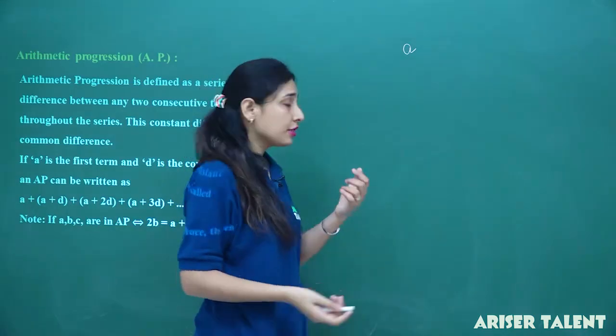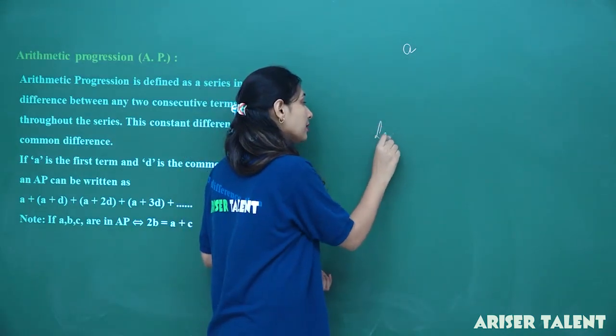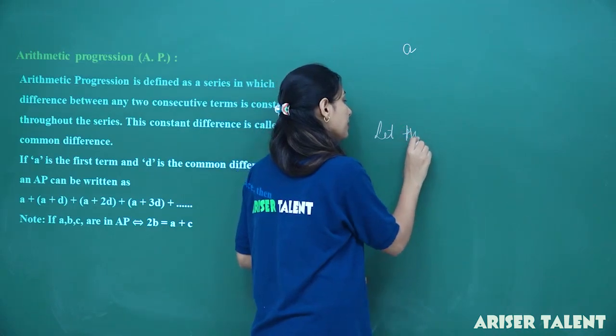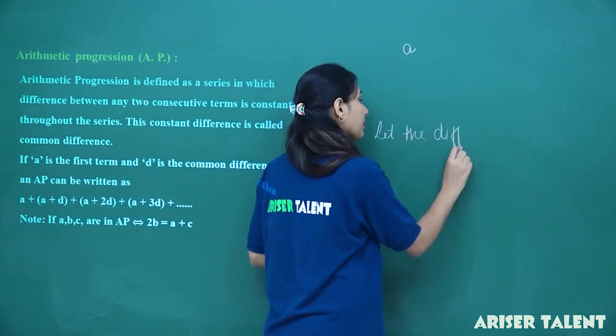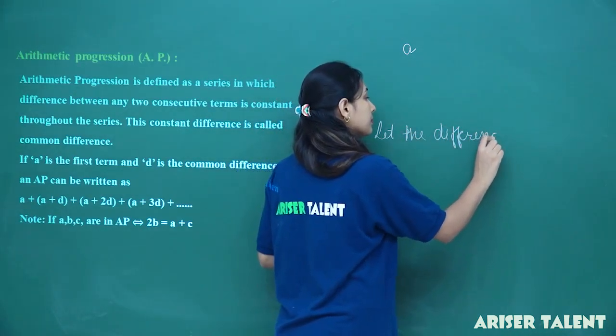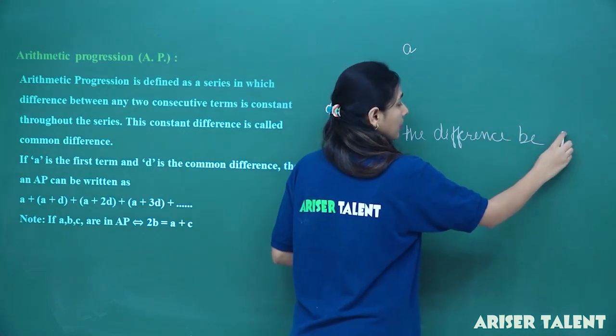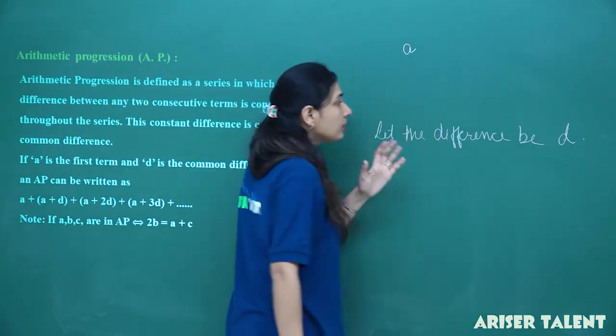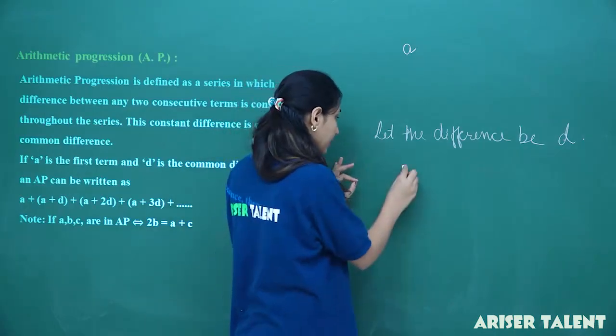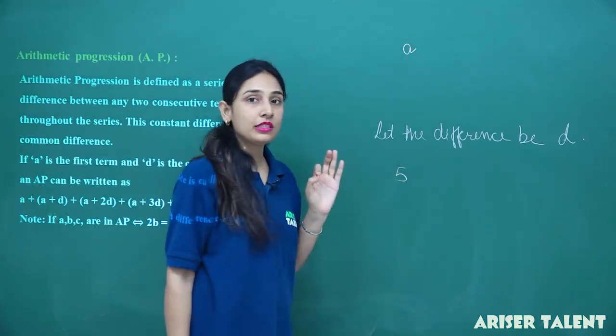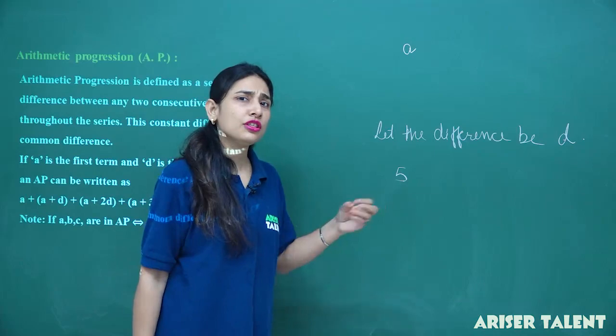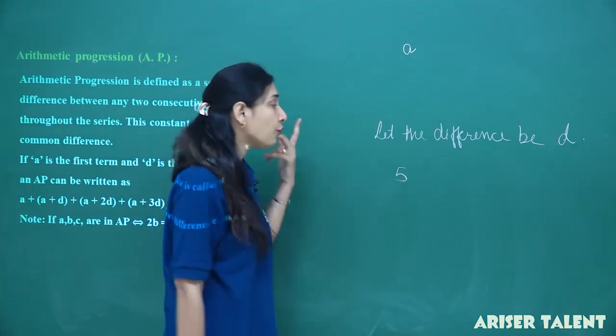The difference is small d. Let the difference be small d. Let's understand it with an example. We have 5 as the first term, and let's take a common difference of 4.